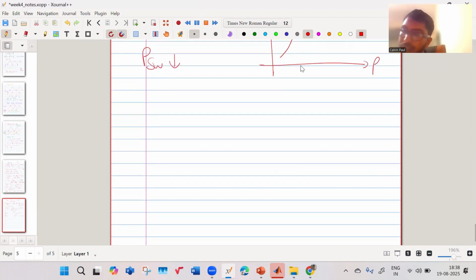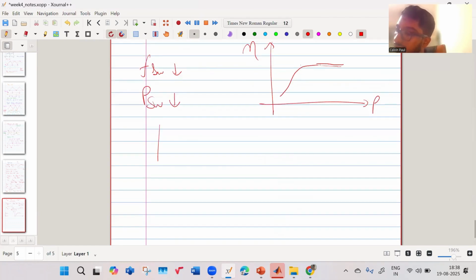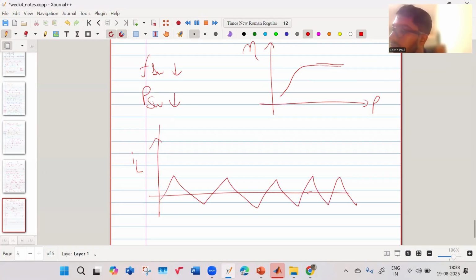Okay. Because at light load, usually, let us say this is your inductor current. It would be somewhat like this. So in these cases, part of the time power is being transferred from your input to your load, and part of the time power is being transferred from your load to your input.